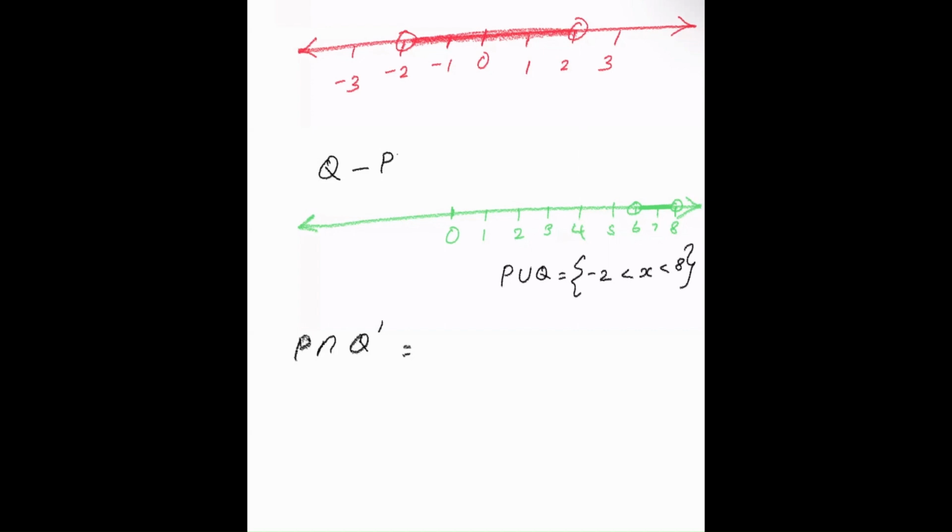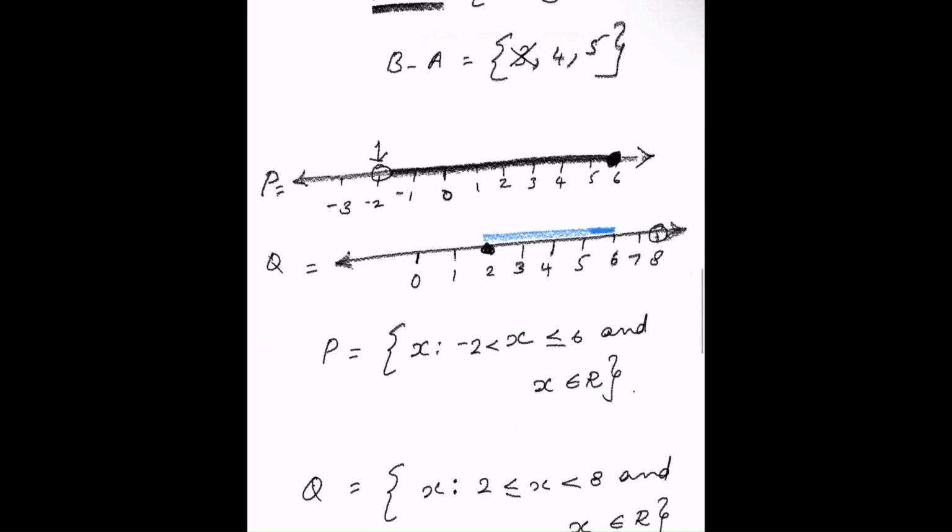Now P intersection Q dash means you have to first identify what is Q dash. P you already know. Fine. Q dash. What is Q dash? This is Q dash. See, P union Q is what I am considering as the universal set.